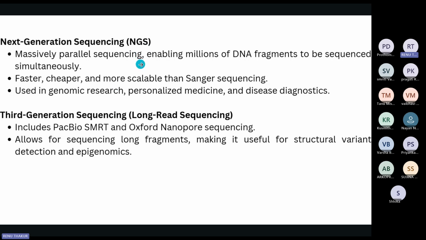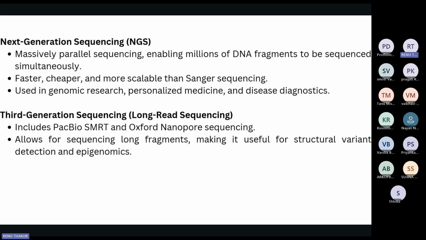Next, around the 2010s, third generation sequencing was introduced, which is long read sequencing. It could sequence a DNA fragment with a large number of base pairs, whereas NGS and Sanger are limited to a smaller number of base pairs.